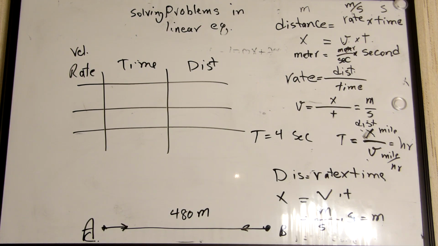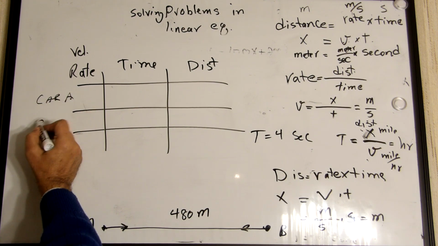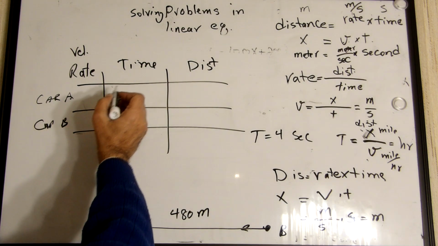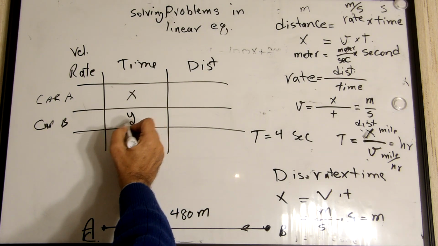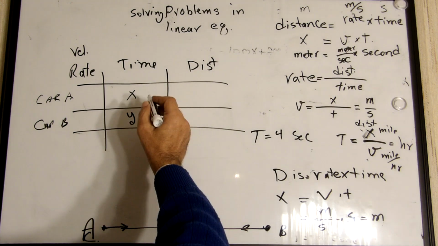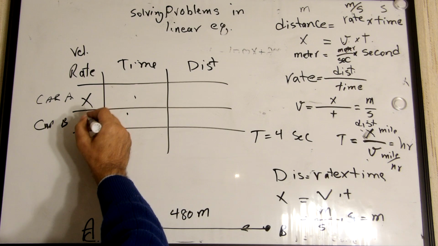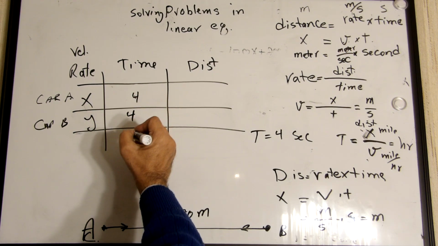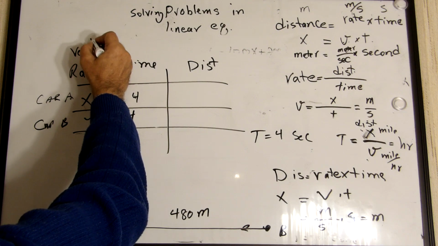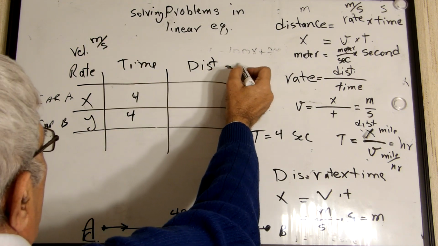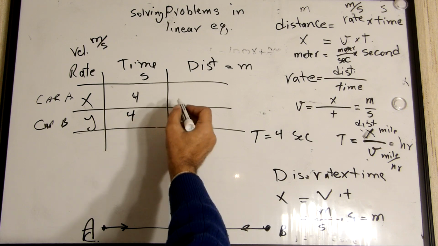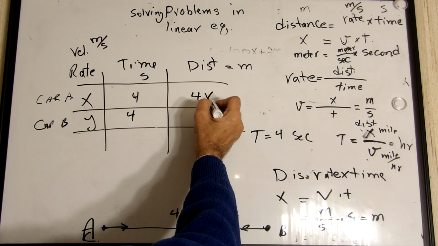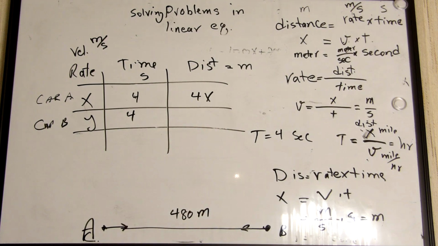So we say that car A, the rate of this one is x, we don't know, and the rate of this one is y. But the time for all of them is 4 seconds. The rate here is meter per second, and the distance is going to be meter, and this is second. So the distance this one traveled is 4x.